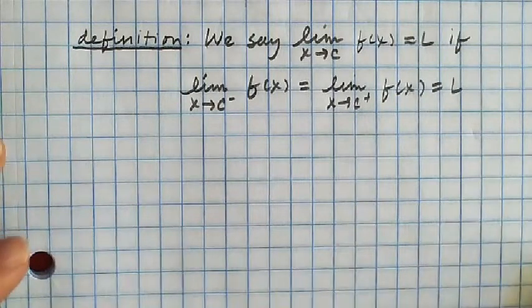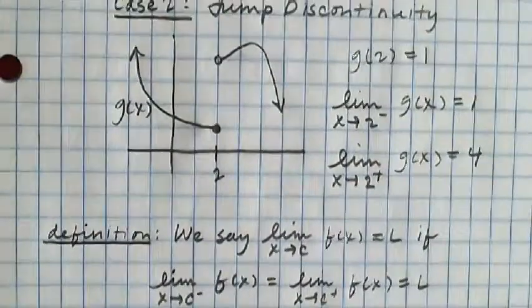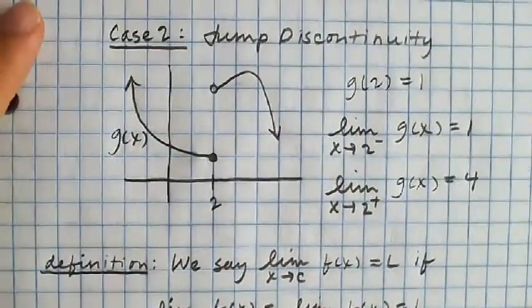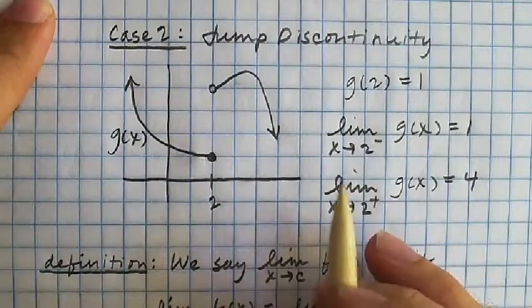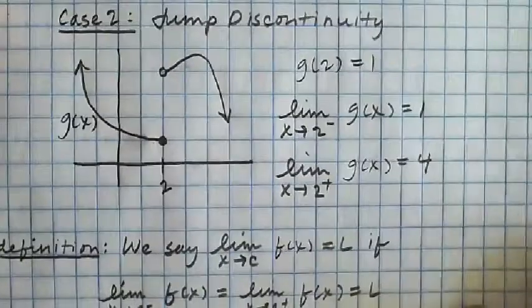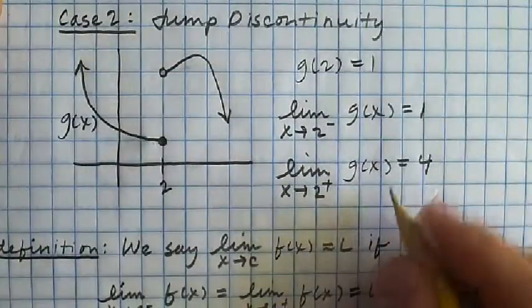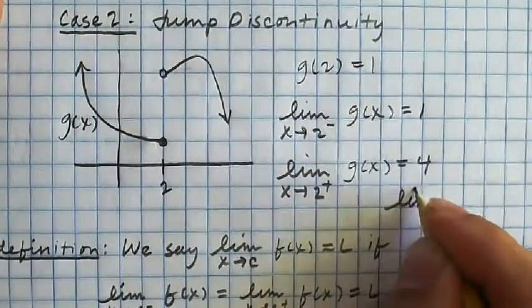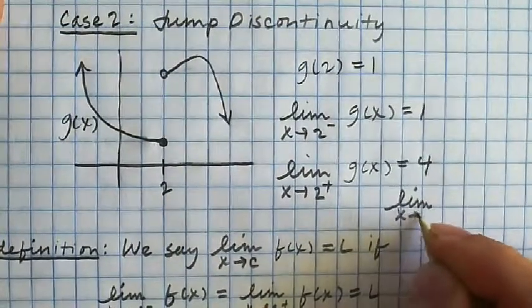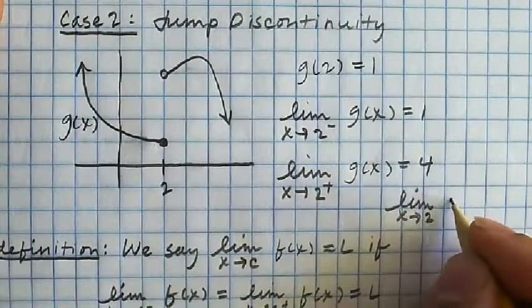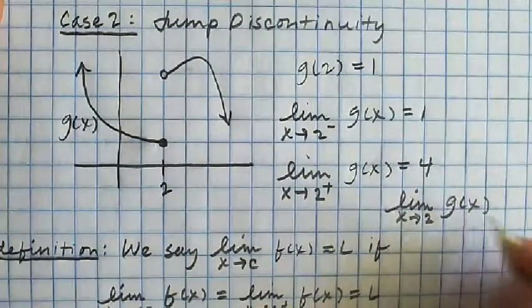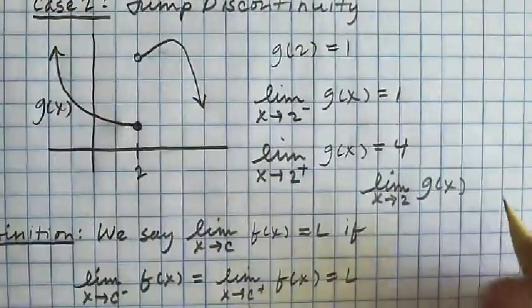Say over here, the jump discontinuity, I didn't leave enough space, I should have, but maybe I'll write over here that the limit as x approaches 2 of g of x fails to exist, say DNE.